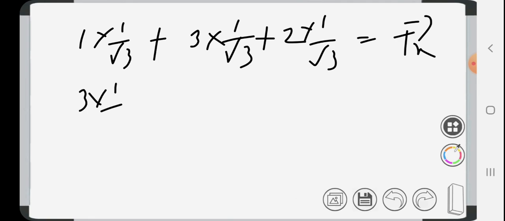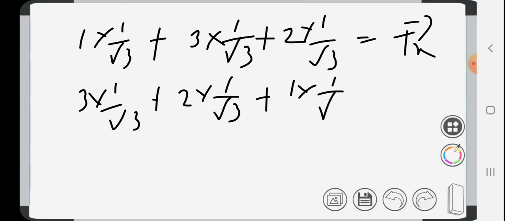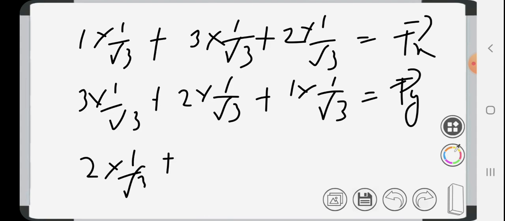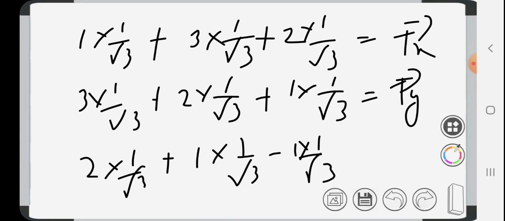Then 3 into 1 by root 3 plus 2 into 1 by root 3 plus 1 into 1 by root 3 equal to ty. Then 2 into 1 by root 3 plus 1 into 1 by root 3 minus 1 into 1 by root 3 equal to tz.